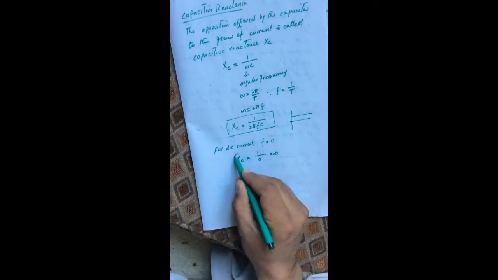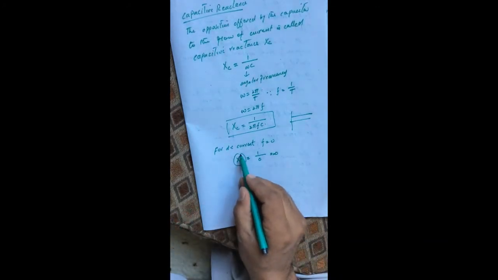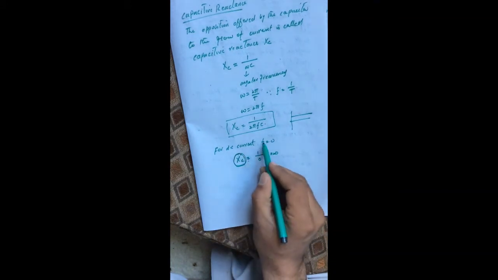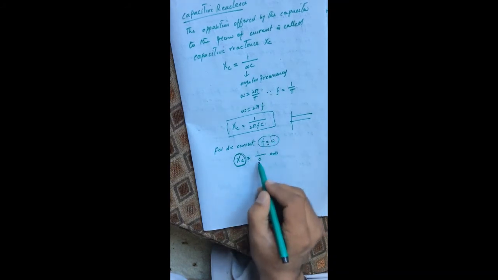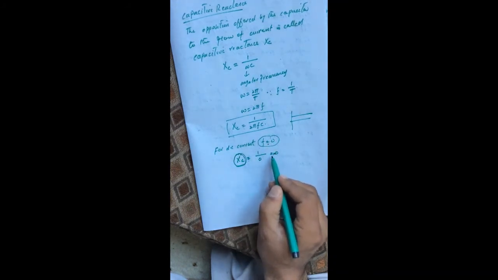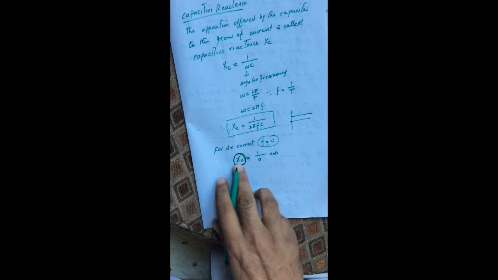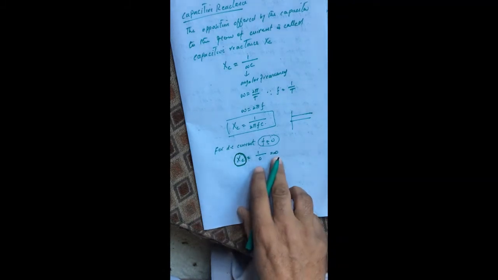So the resistance offered by the capacitor to the flow of DC current is infinite. It means that DC current cannot pass through the capacitor, because the resistance offered to the flow of DC current is infinite.